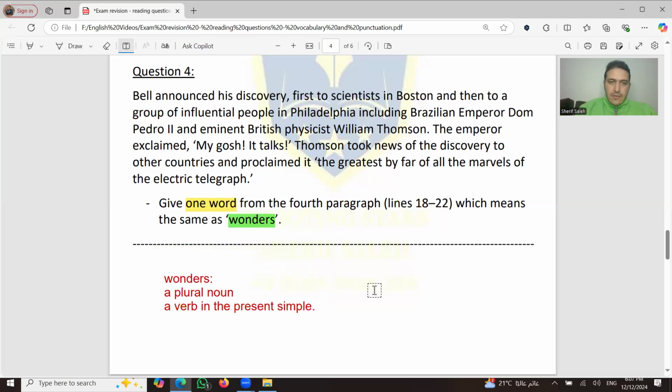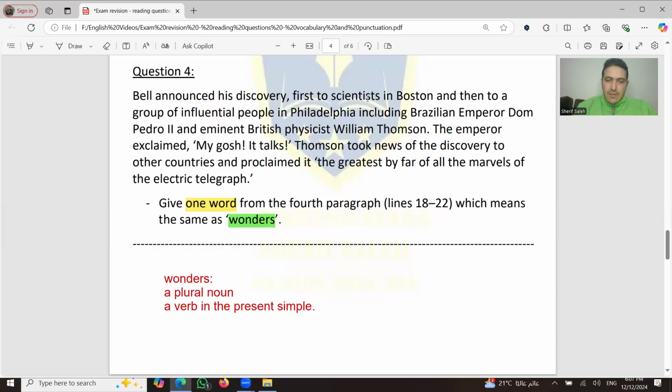Okay, so we are looking for either a plural noun, or a third person verb in the present simple tense that ends in S. So we go through the text.